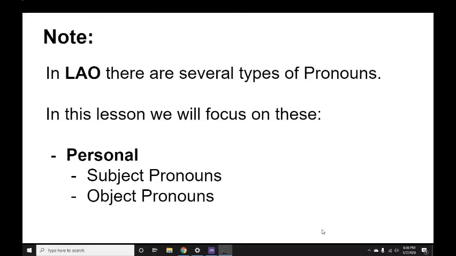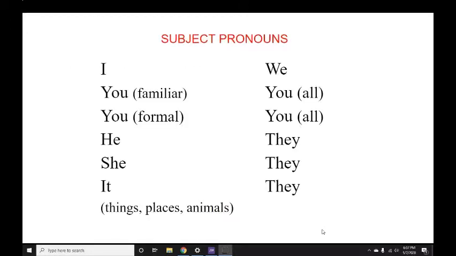In English they're separated into different groups, but in Lao we would use the same words whether it's an object or a subject of a phrase or a sentence. And it'll become easier as you see the application.